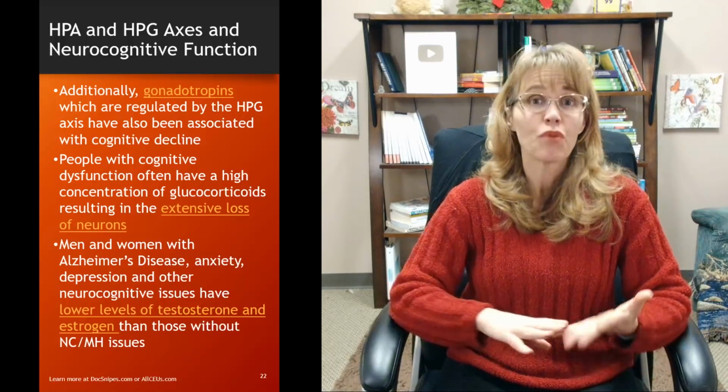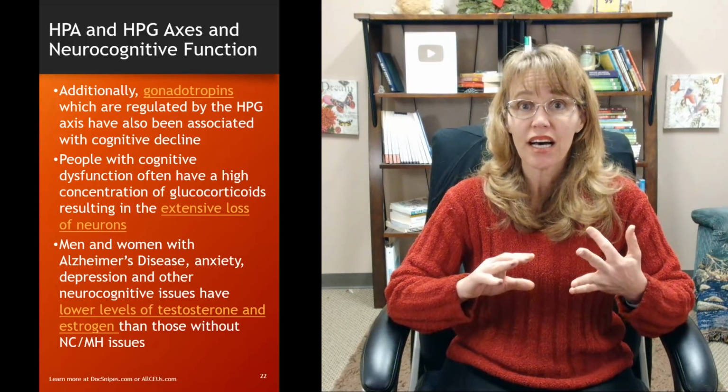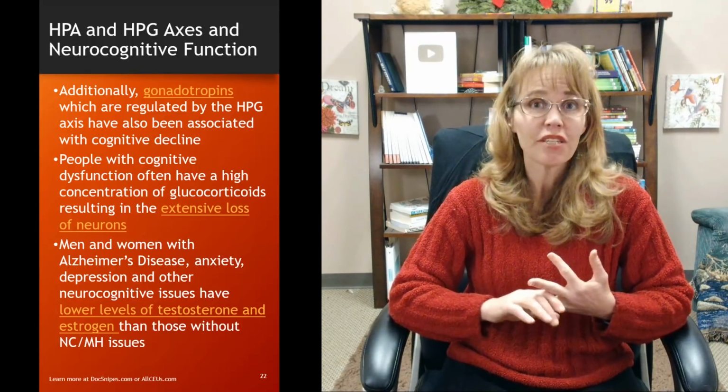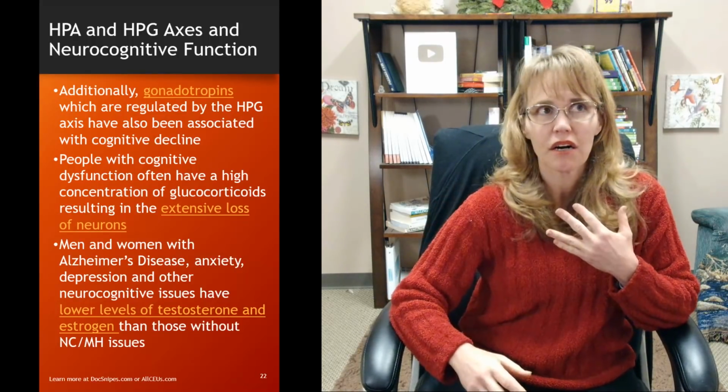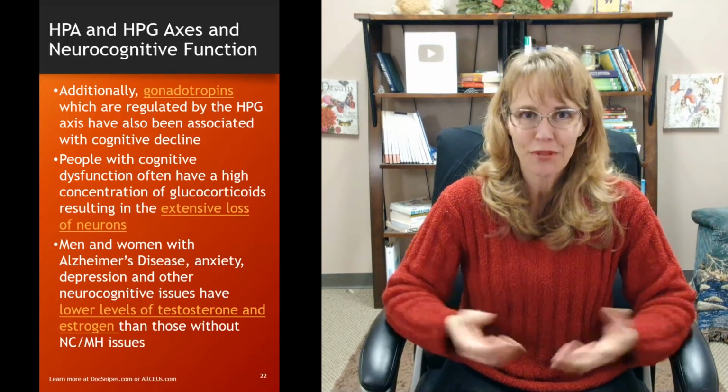We need to ask them, when was your last physical? When was your last set of blood work done? Because no amount of talk therapy is going to fully alter gonadal hormone levels, for example.